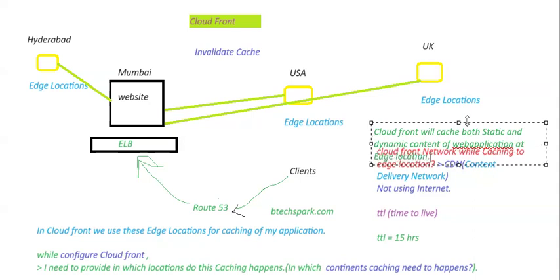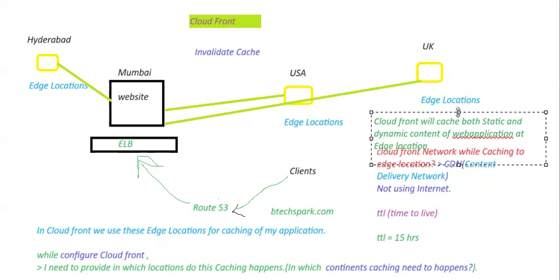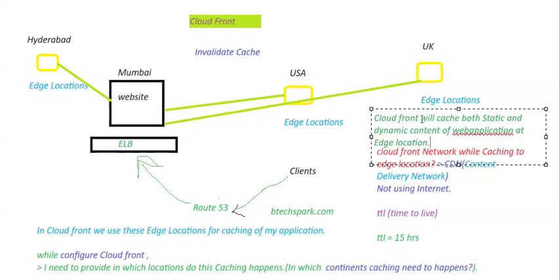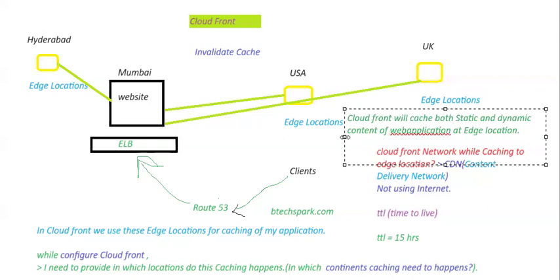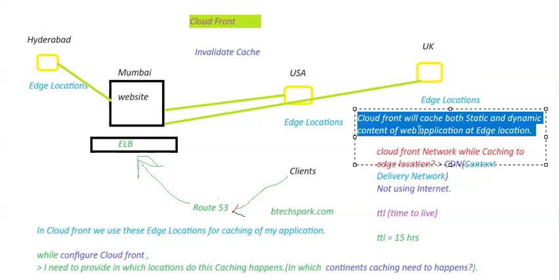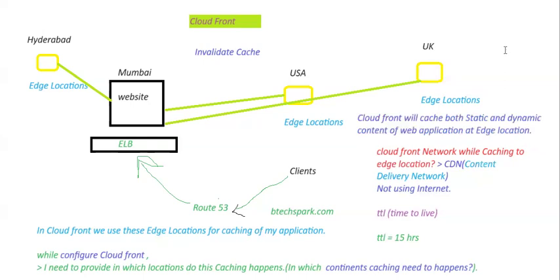So if anybody asks you in a certification or in an interview whether CloudFront will cache only your static content or dynamic content also, then what is your answer? It will cache both static as well as dynamic content. Both the contents will be cached by this CloudFront. Okay.